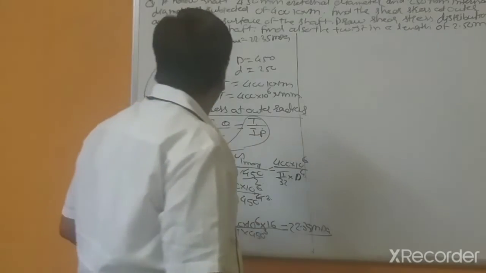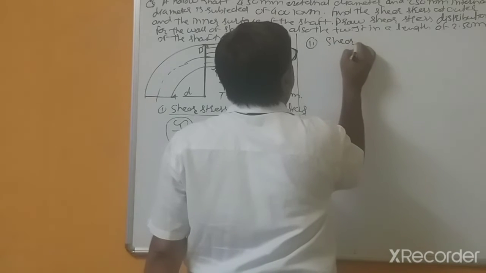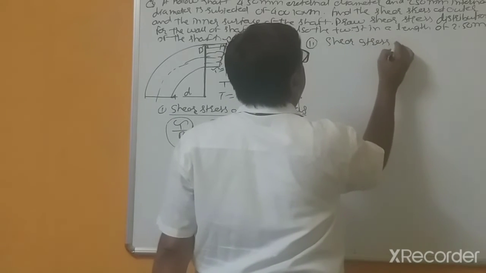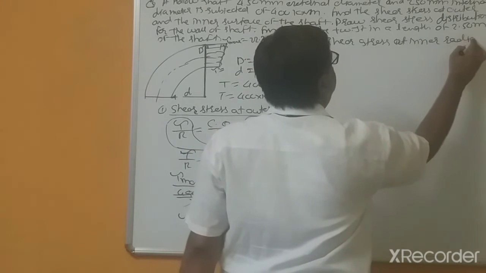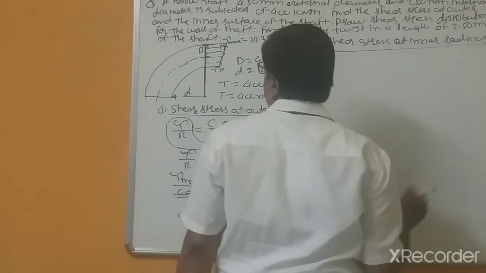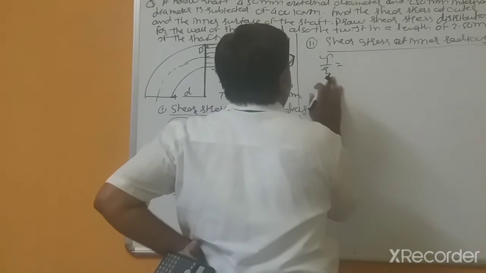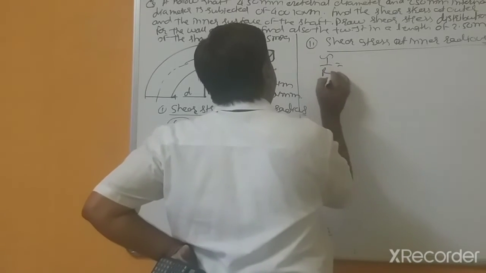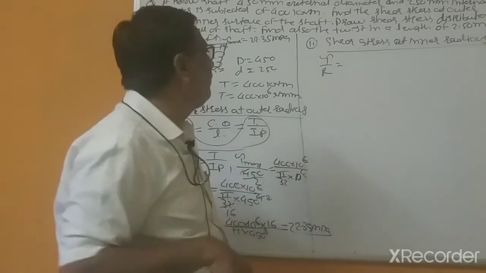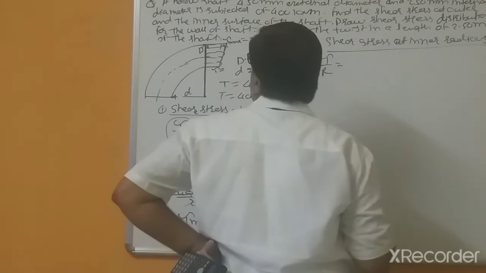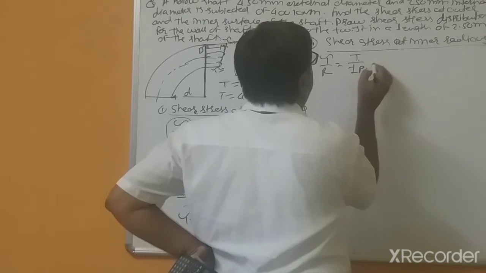Now shear stress at inner radius, tau divided by small r, again this is capital R because this is the extreme, and this is T divided by polar moment of inertia.